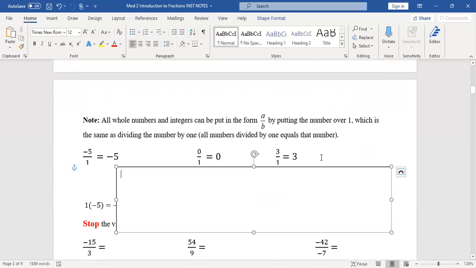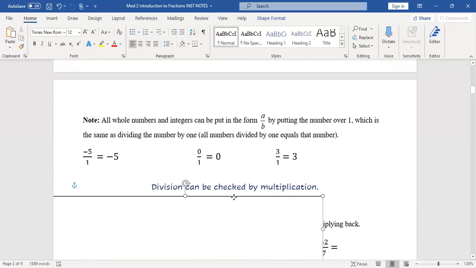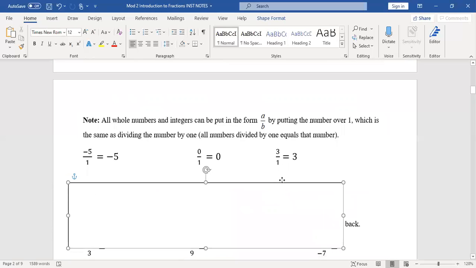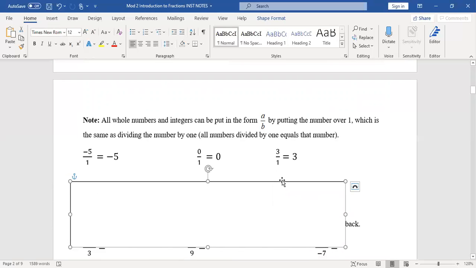So I could say -5 over 1, which is a fraction, which is also simply -5 divided by 1, which equals -5. 0 over 1 is 0, and 3 over 1 is 3. These are integers that, when put over 1, are really just themselves, but they can be represented as a fraction.